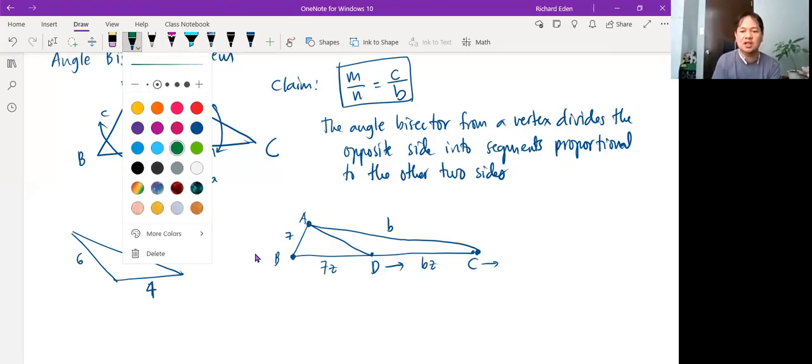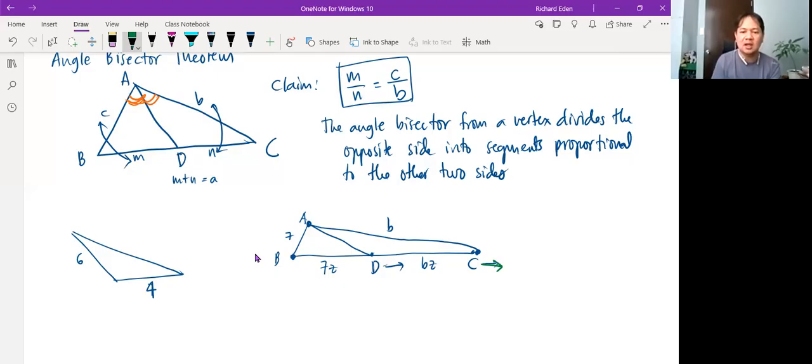As C is moving to the right, and D is moving to the right, b is increasing, but Z is also going to be increasing. And as Z is increasing, 7Z, BD, would also be increasing. We are not going to violate the fact that BD to DC, 7Z over BZ, is still equal to 7 over b. So that's still going to be satisfied.